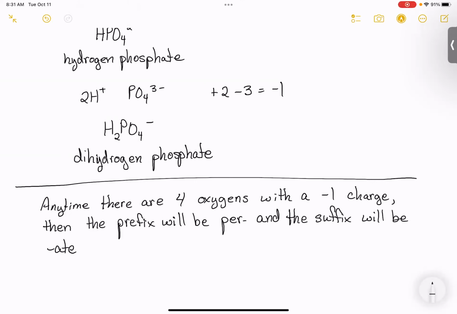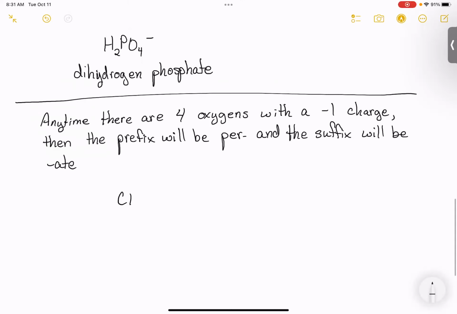We've already seen this in the ClO4 -1. You've got 4 oxygens, -1 charge. So that's why this one was perchlorate.